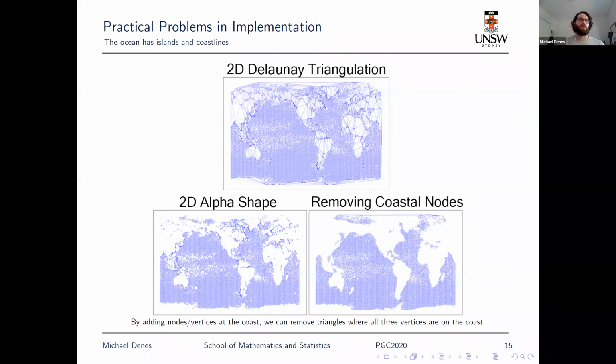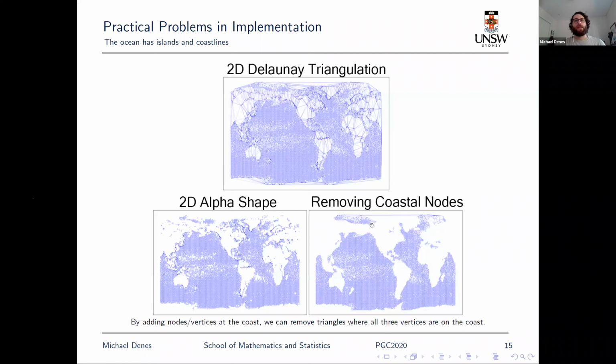There are 2 ways that we can remove triangles that cover continents. One way is, again, using an alpha shape, removing those triangles that are large because the circle that encompasses them has a large radius. But the issue with that is if we have very small islands, they'll still remain covered, or if we set our threshold too low, we'll have a lot of disconnections in the center of our ocean.